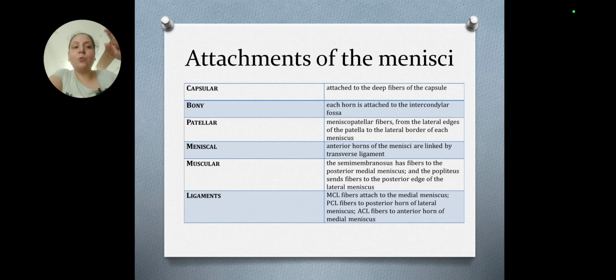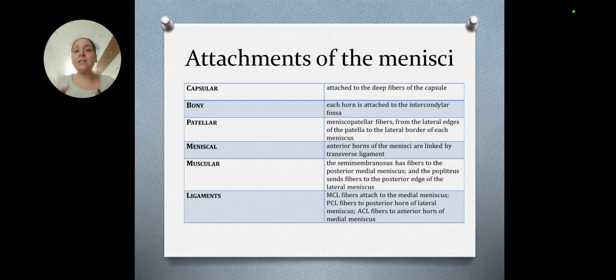And you also know that anteriorly it is attached with the transverse ligament, and the muscular attachment is that semimembranosus fibers are attached to the medial meniscus, and popliteus fibers are attached to the lateral meniscus. Fine, because it has been inserted here. You can see from here, this is the surface. There is semimembranosus on the medial meniscus, and the popliteus attaches on the lateral meniscus.